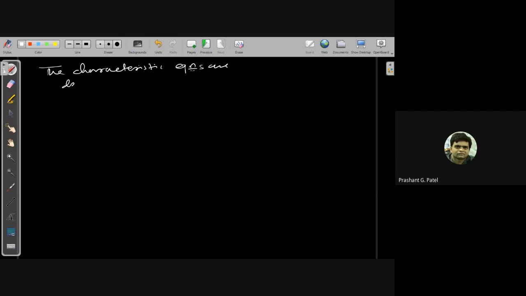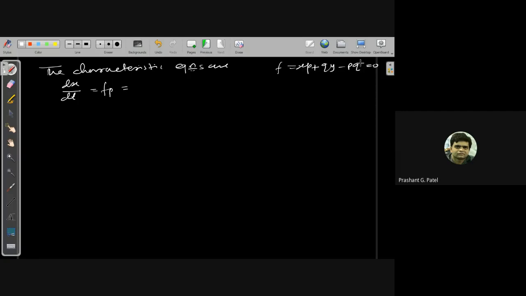are dx by dt is equal to fp. Let me write what is the function f we have here. The function f is given xp plus qy minus pq equal to 0.